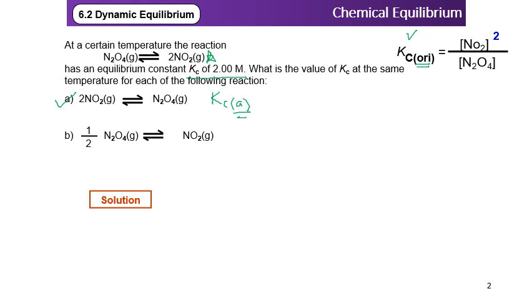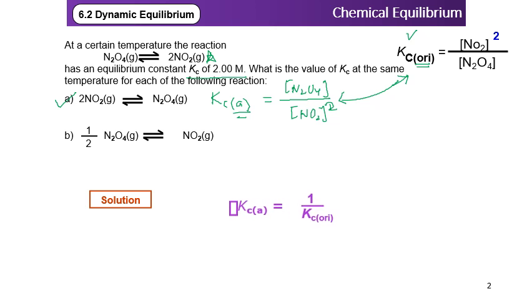Based on this equation, the Kc for A will be the concentration of N2O4 divided by the concentration of NO2 to the power of 2. If I compare this Kc A with the Kc original, I will notice it actually is 1 over Kc original, where the positions are interchanged.